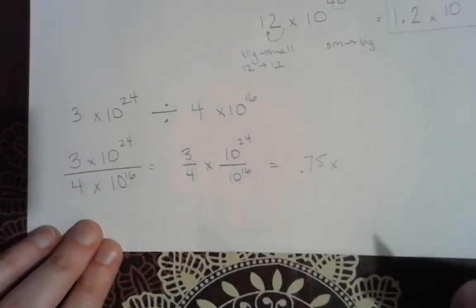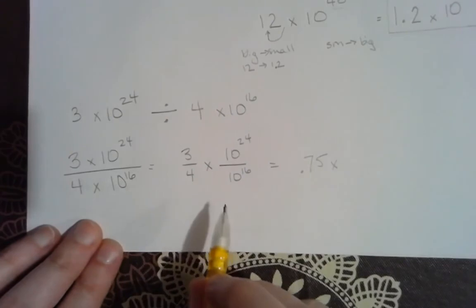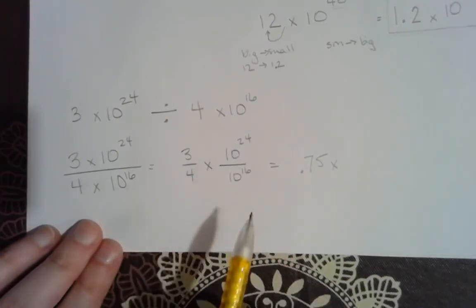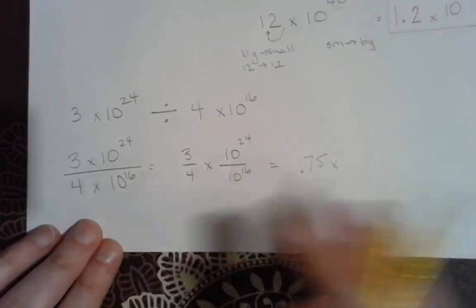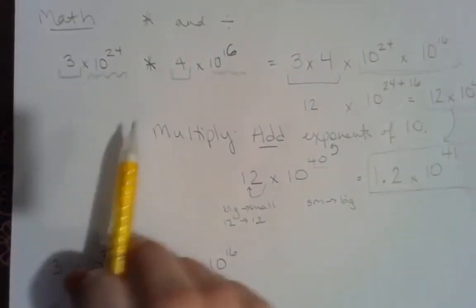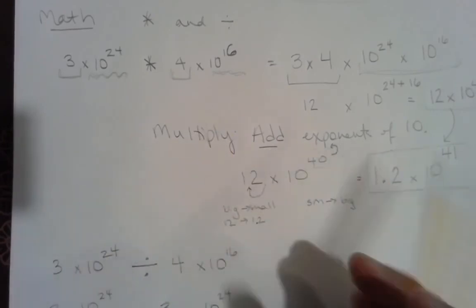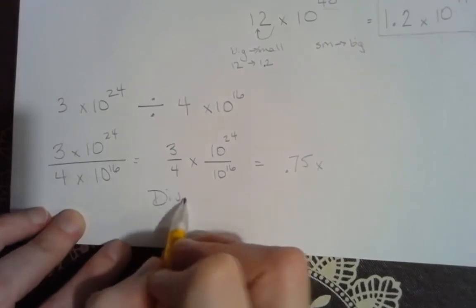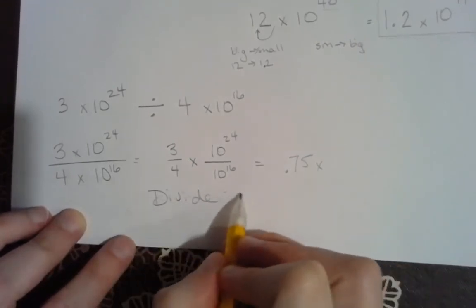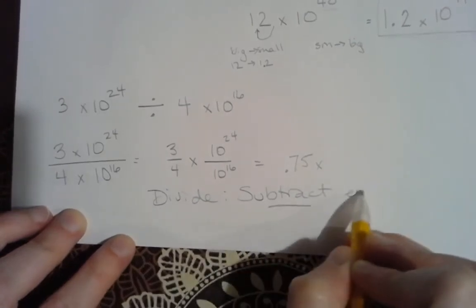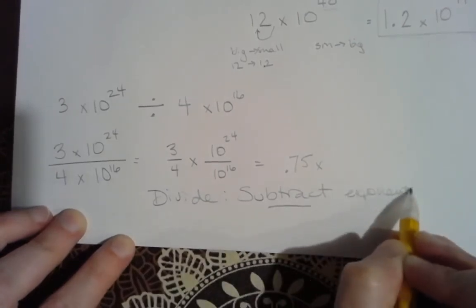When you're dividing your scientific notation, you're going to subtract your exponents. So up here we said when you're multiplying your numbers, you're going to add your exponents of 10. When you're dividing, you're going to subtract the exponents of 10.